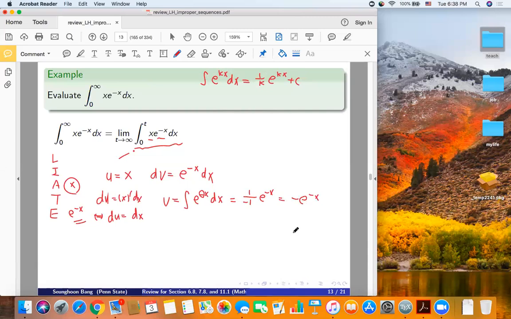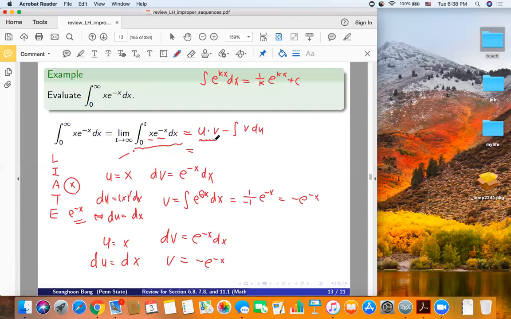So we have u equals x, so du equals dx. The dv is e to the minus x dx. The v is minus e to the minus x. What is integration by parts? Integration by parts is u times v minus the integral of v times du.